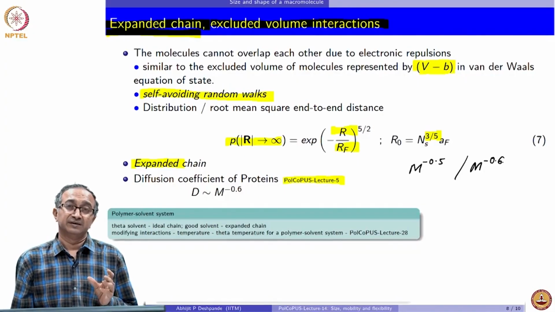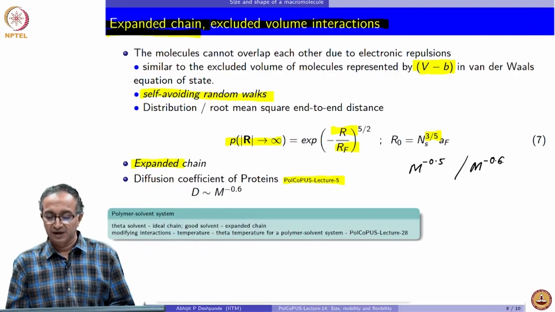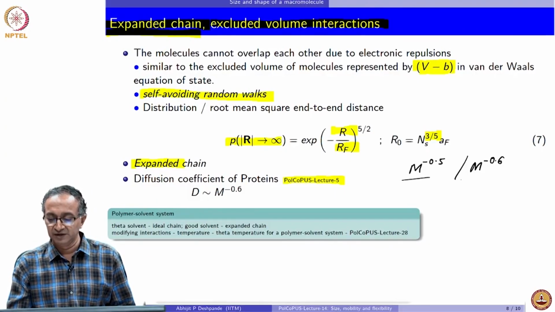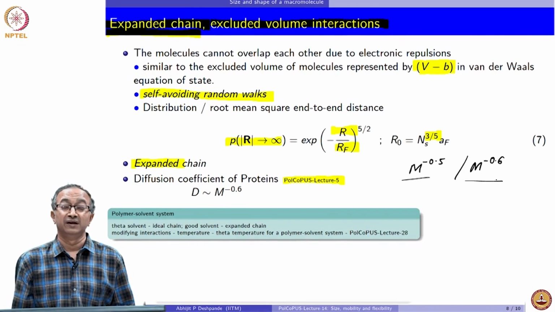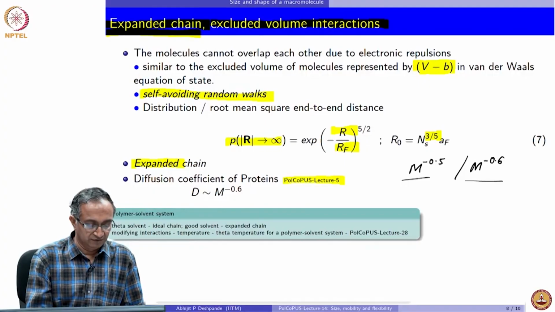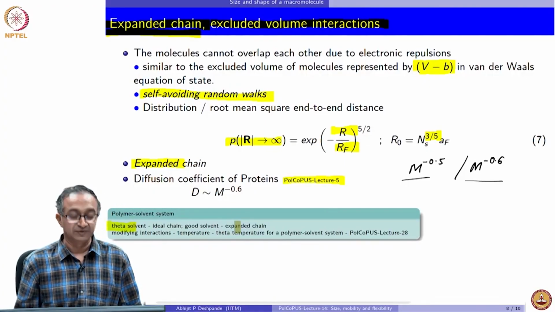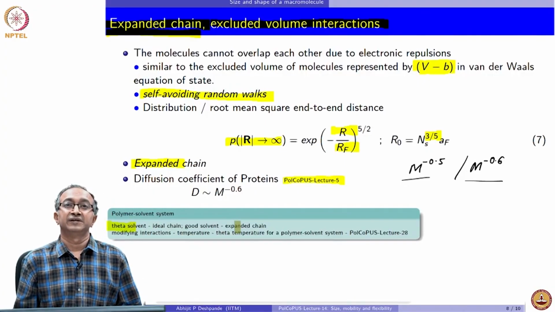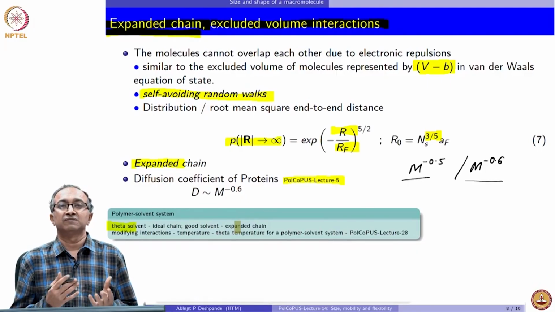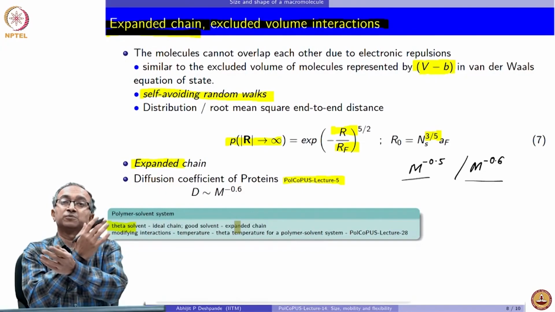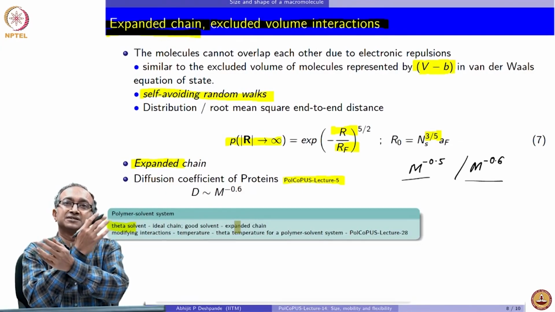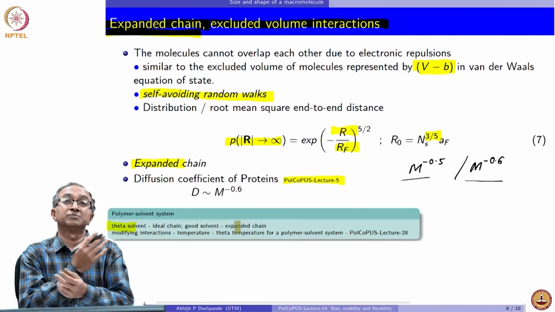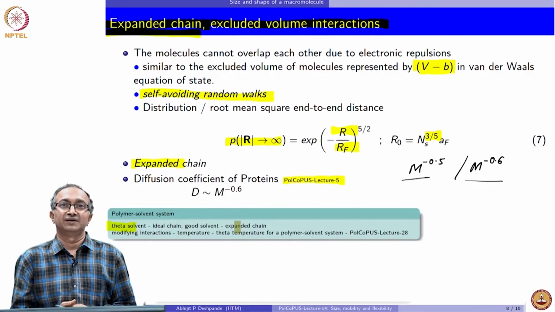One other aspect that we need to keep in mind is when the ideal chain model would be useful and when the expanded chain model would be useful. For a given polymer solvent system, we will later on define a theta condition. We will define when interactions between solvent and polymers are such that polymer-polymer chain interactions are absent, so the polymer chain becomes ideal.